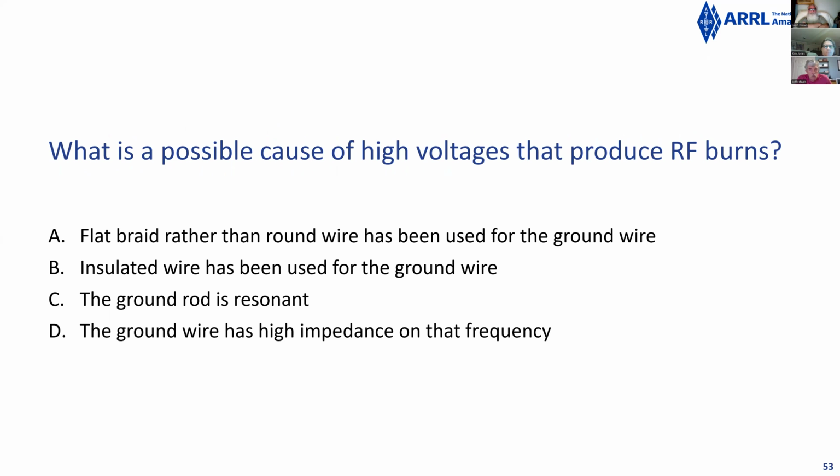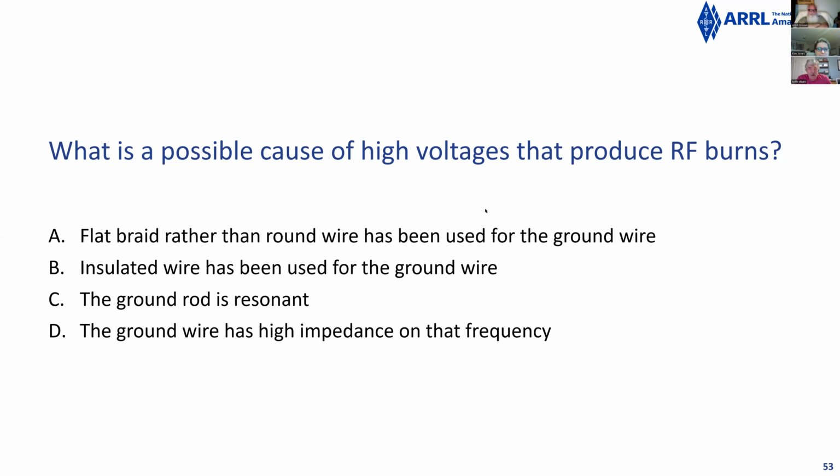Possible cause of high voltages that produce RF burns. Use flat braid rather than round wire for ground wire. Insulated wire has been used for the ground wire. Ground rod is resonant. The ground wire has high impedance on that frequency. Answers, anyone? Keith? I'll try again. C, I believe. Let's see if I can see the chat here.